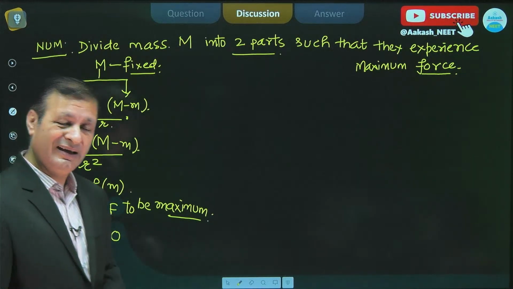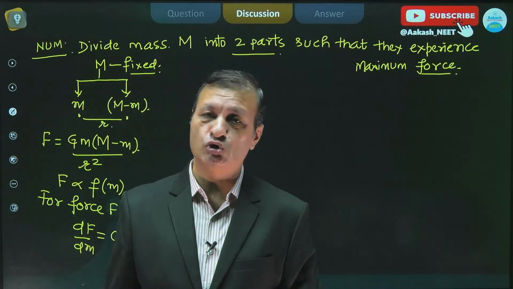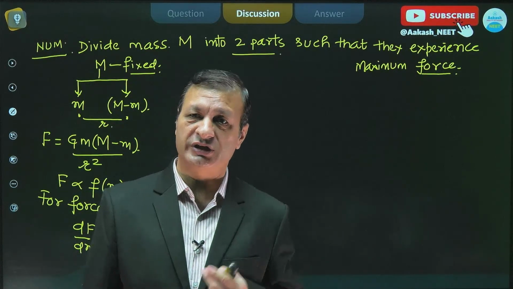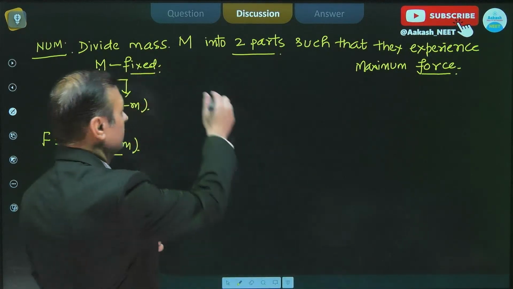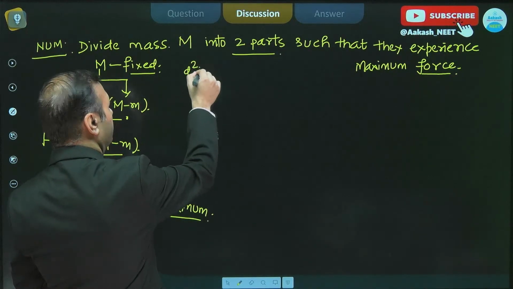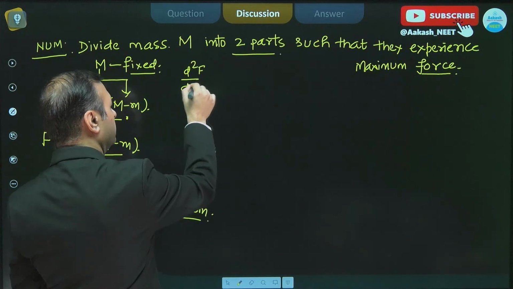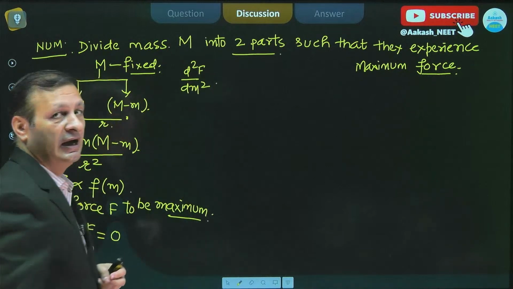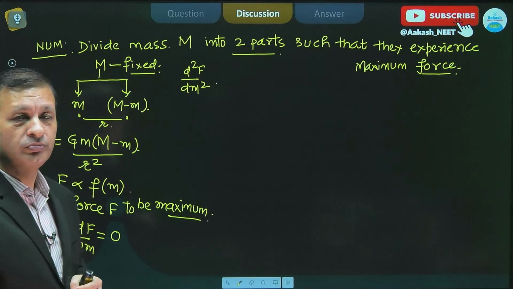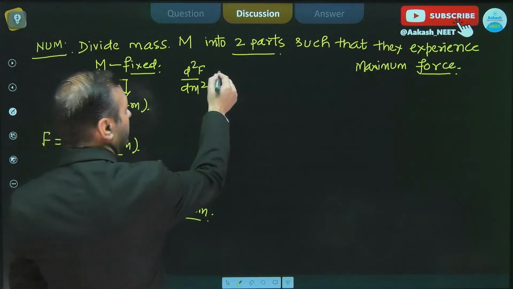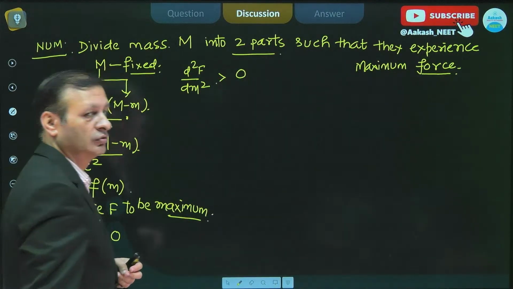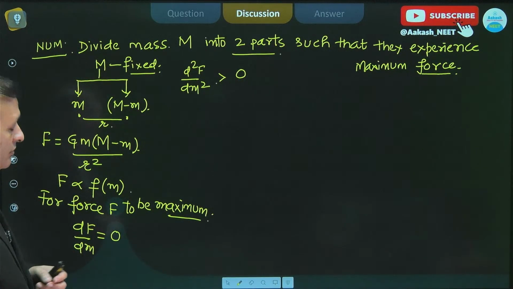But is this the only condition for the force to be maximum, or do we need to check? We need to check its second order derivative also, and for the force to be maximum, this has to be less than 0.